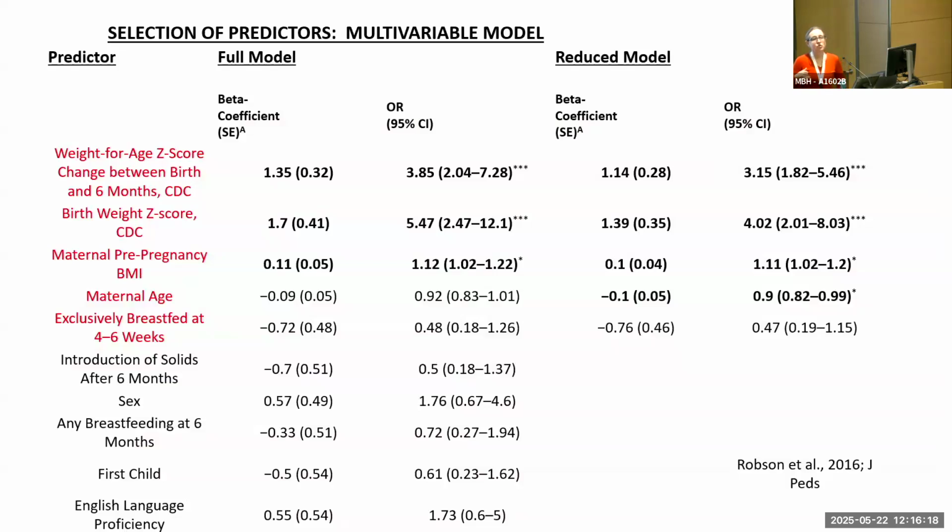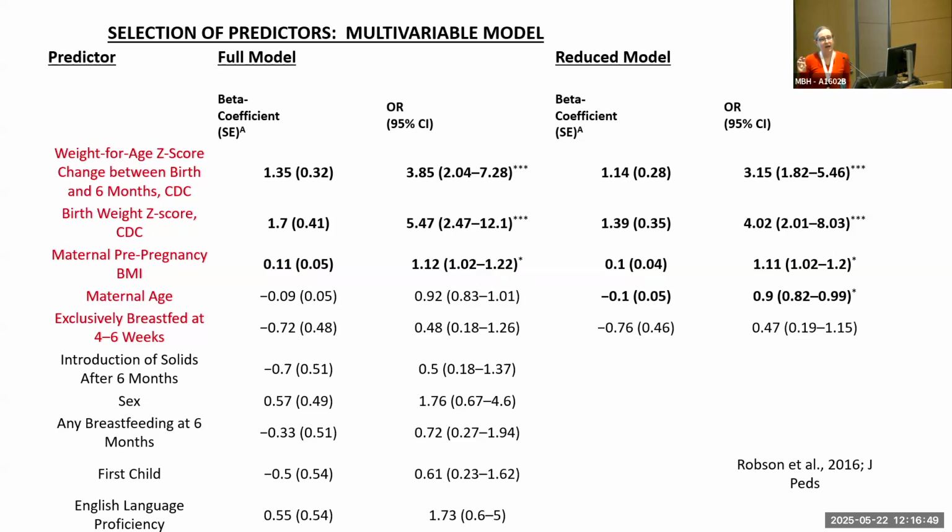And so Jake developed 2 models, a large model with 10 predictors, and then a reduced model with only 5. The 5 included the weight for age Z-score change from birth to 6 months, the birth weight Z-score, maternal pre-pregnancy BMI, maternal age, and whether the baby was exclusively breastfed or not at 4 to 6 weeks of age.